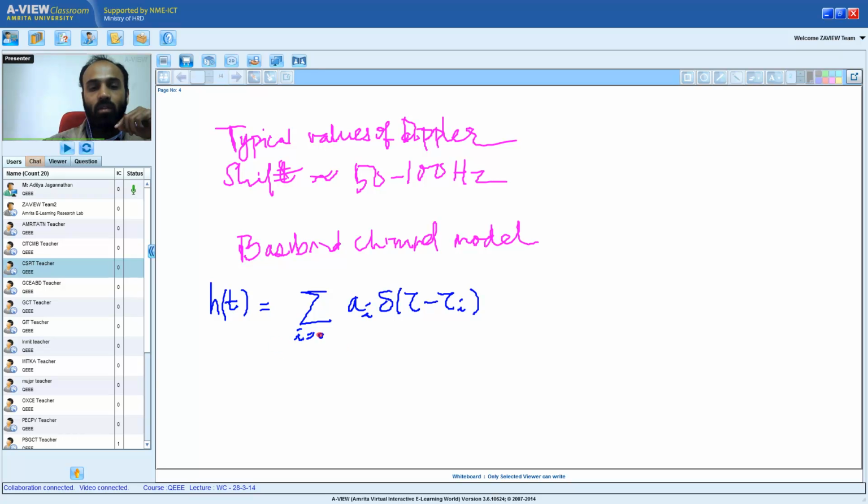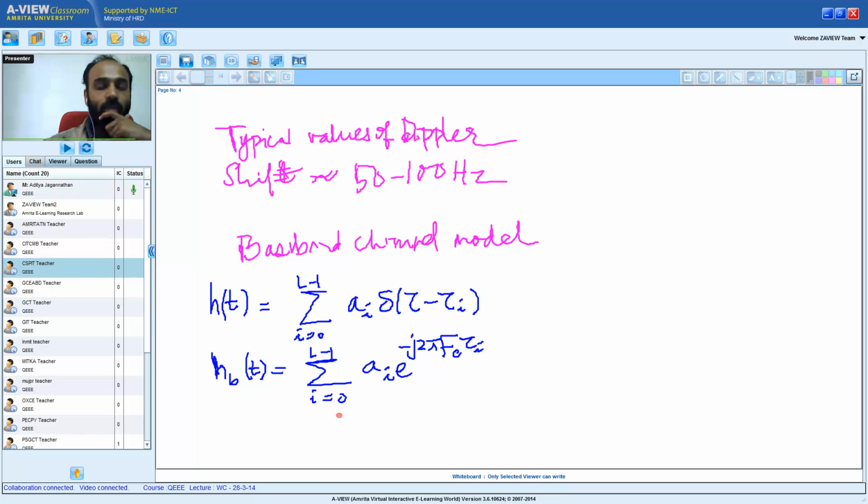Therefore, the baseband model, the baseband h of t, is the sum over i equals 0 to L minus 1 of a_i e to the power of minus j 2 pi f_c tau_i.